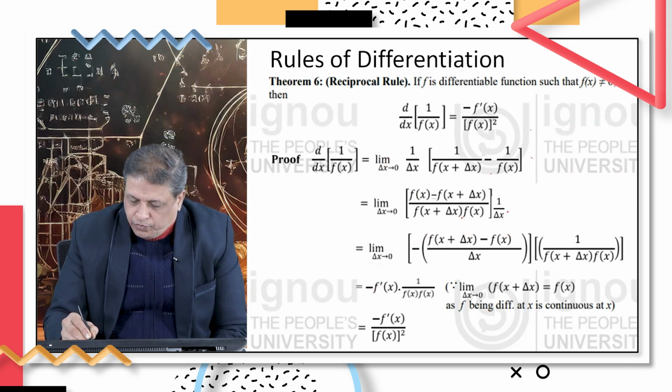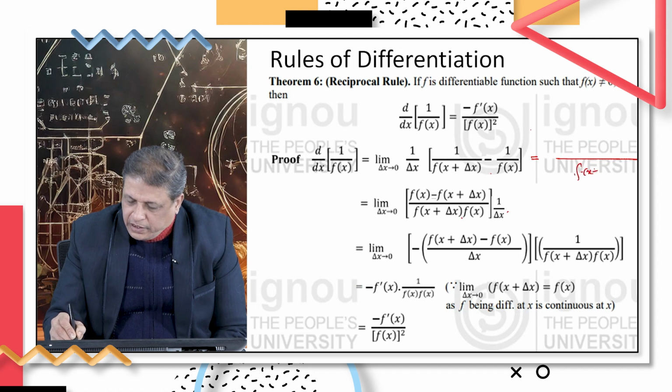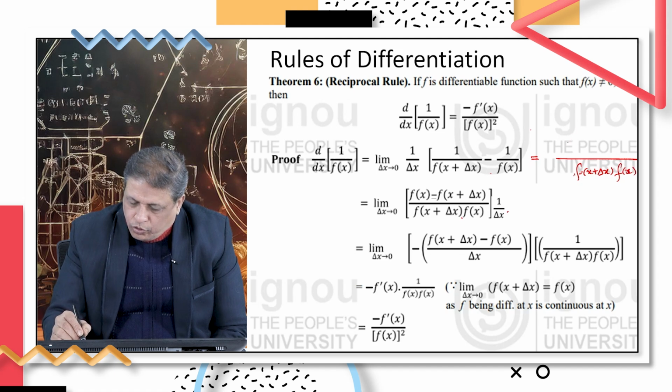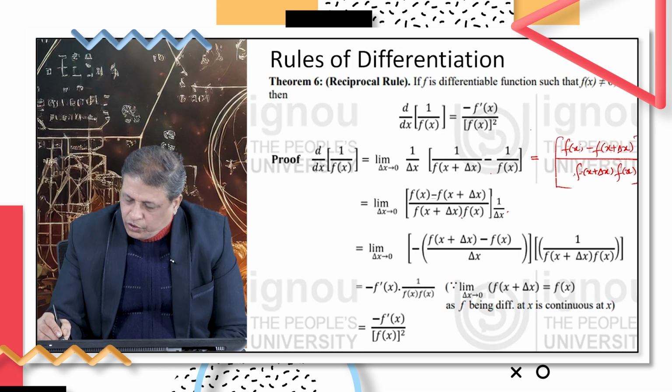So, this will turn out to be f(x + Δx) into f(x) in the denominator, and in the numerator f(x) minus f(x + Δx), and into 1 over Δx is remaining.